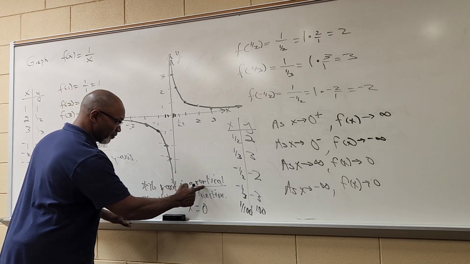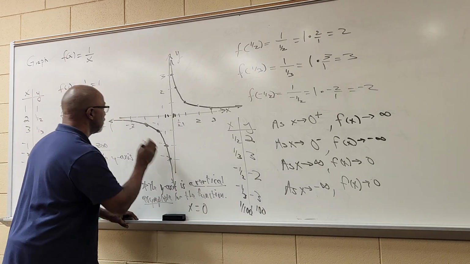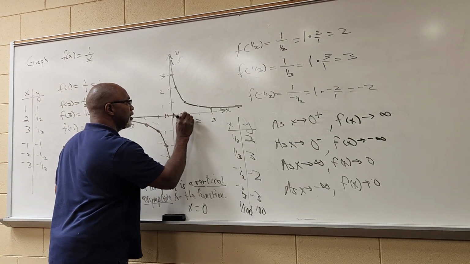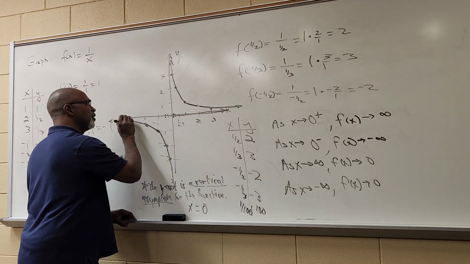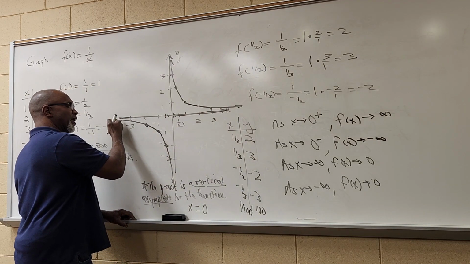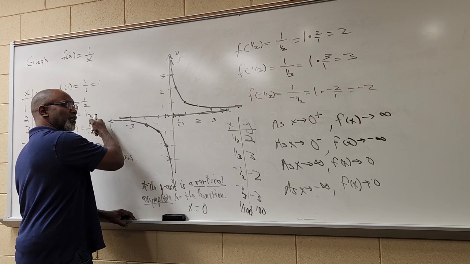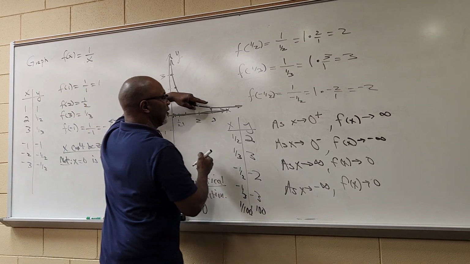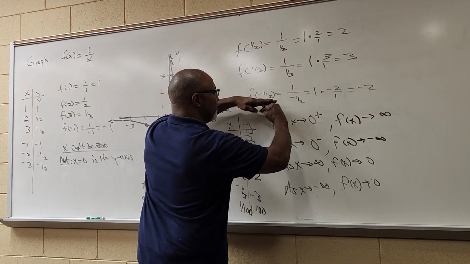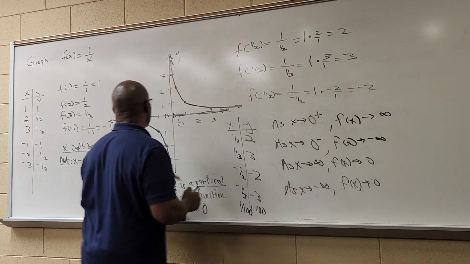Now, we said we had a vertical asymptote at x equals 0. Well, also, look at the x-axis. This function will get closer and closer to the x-axis, never touch it as I go to negative infinity. As I go to positive infinity, this function gets closer and closer to the x-axis, never touches it.